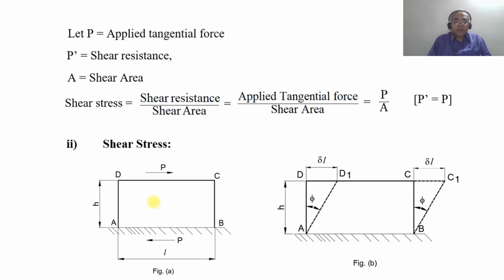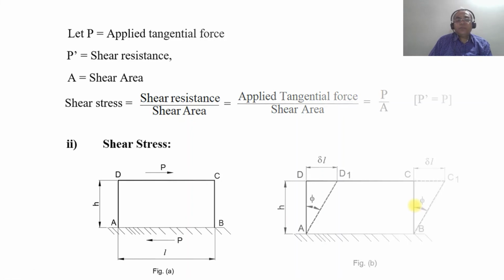Once you apply this, in the top surface, C will be displaced to C1 and D will be displaced to D1, wherein the displacement from C to C1 will be delta L. Similarly, from D to D1 will also be delta L. And phi is the shear angle.